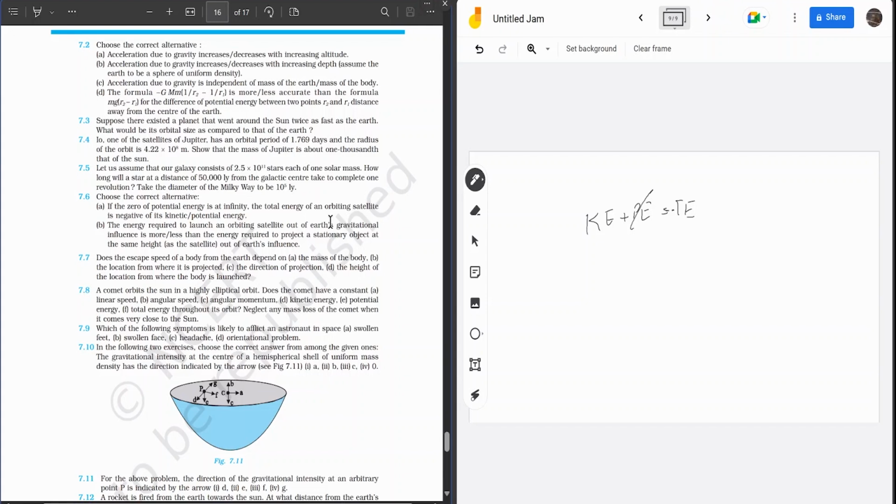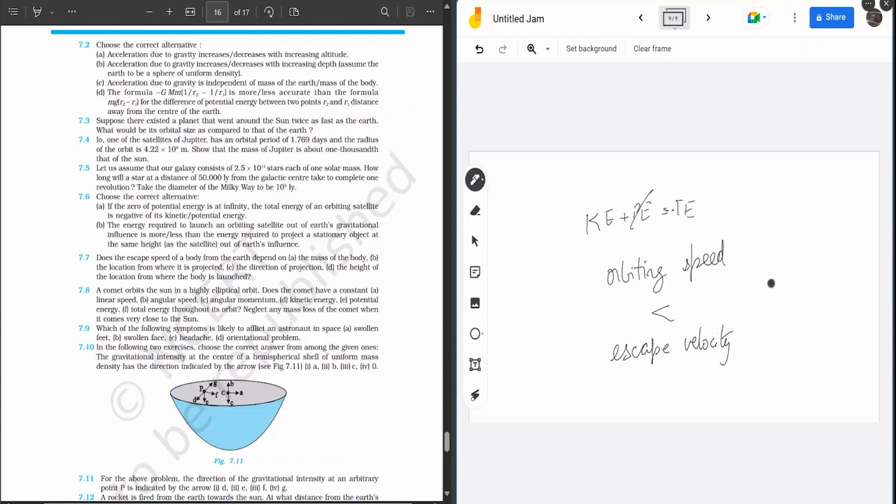The energy required to launch an orbiting satellite out of Earth's gravitational influence is dash or dash than the energy required to project a stationary object at the same height out of Earth's influence. Okay. So this is basically less. Because the orbiting speed is less than escape velocity.